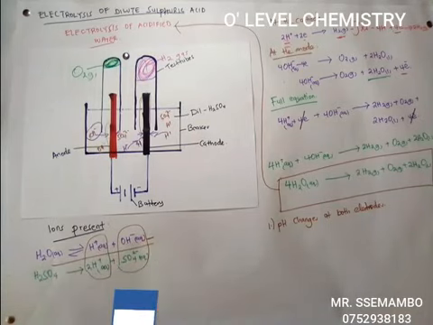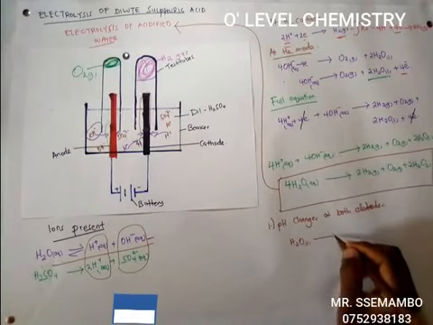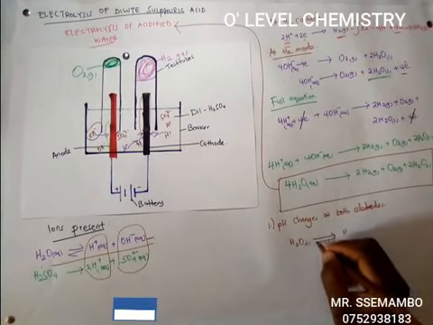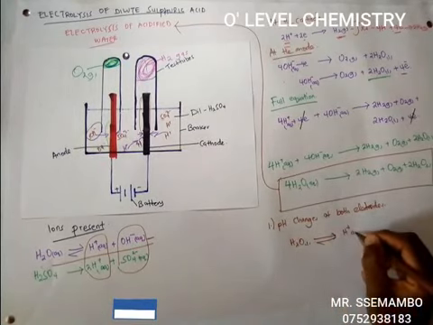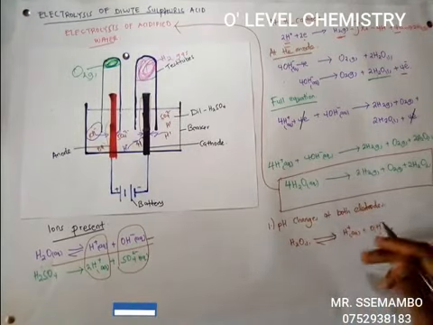So we have water, liquid, ionizing to form hydrogen ions, aqueous, and hydroxyl ions. More water is still ionizing to restore the equilibrium.